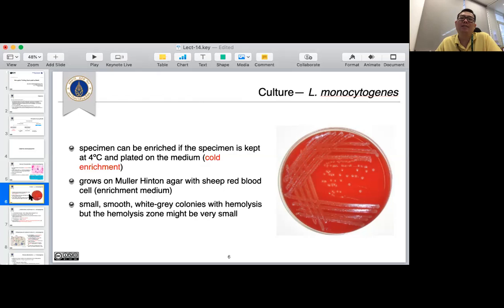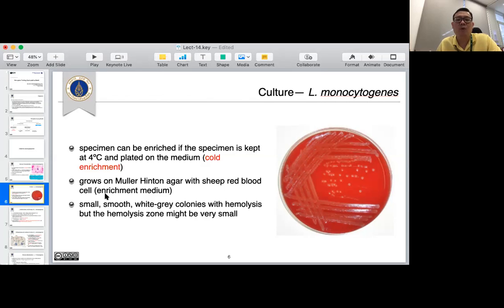When you put food in the refrigerator, you think it's safe. Well, regularly safe from other bacteria, but not safe from Listeria mono, because 4 degrees Celsius is the optimum temperature for them to grow. So they grow happily in the refrigerator. And once you eat the contaminated food, you get food poisoning.